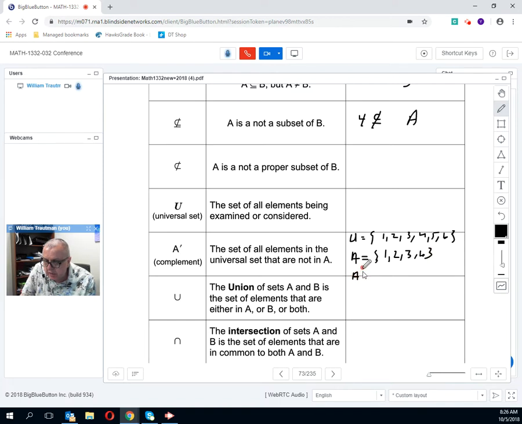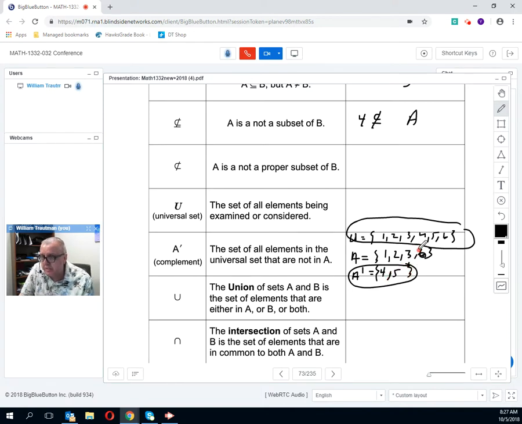Then A prime is the numbers not in A. A prime is the complement. The things that are not in A but are in the universal set are 4 and 5. So A prime is 4 and 5 because they're not in A. You can call it the complement. You can also call it a "not A," things that are not in A.